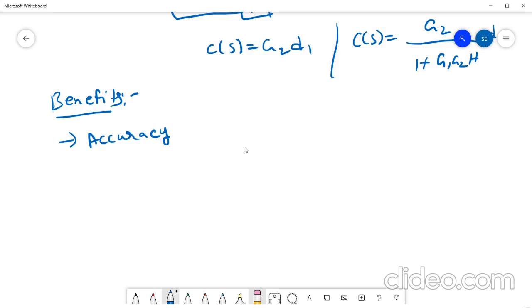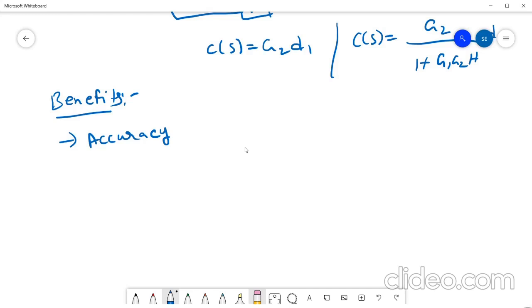And sensitivity, your sensitivity can be manipulated, right? The system may be designed to seek zero error despite changes in parameters. If at all you have any changes in parameters in your system, that can be compensated by manipulating the feedback gain.